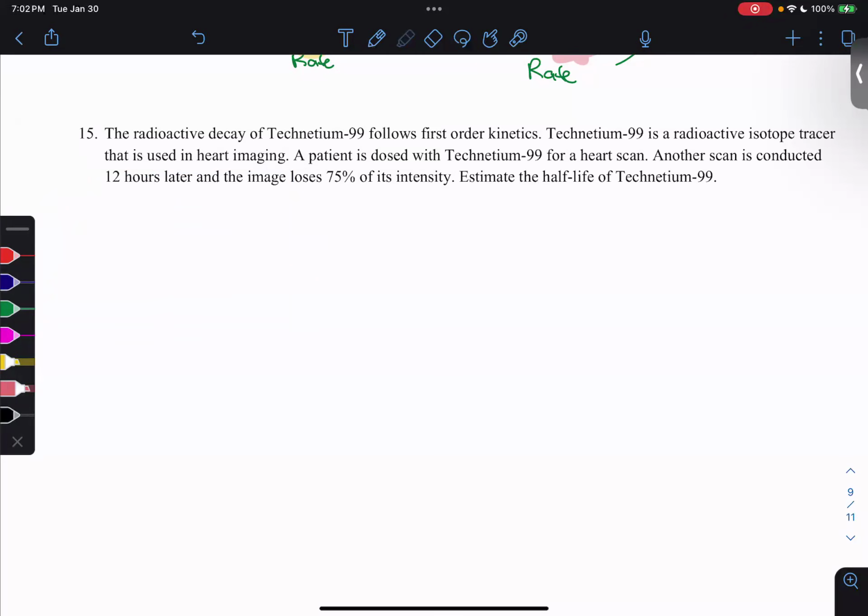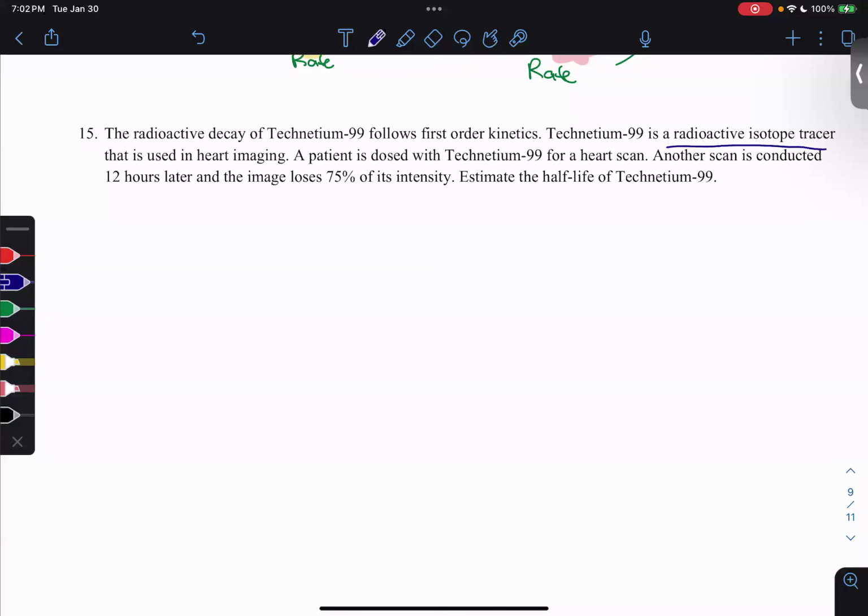But I tell you, technetium is a radioactive isotope tracer that they give to patients so they can take images of their heart. Right? So you like ingest it or they inject it, I have no idea, but it goes to their heart and they can take images that basically light up their heart with this radio tracer.